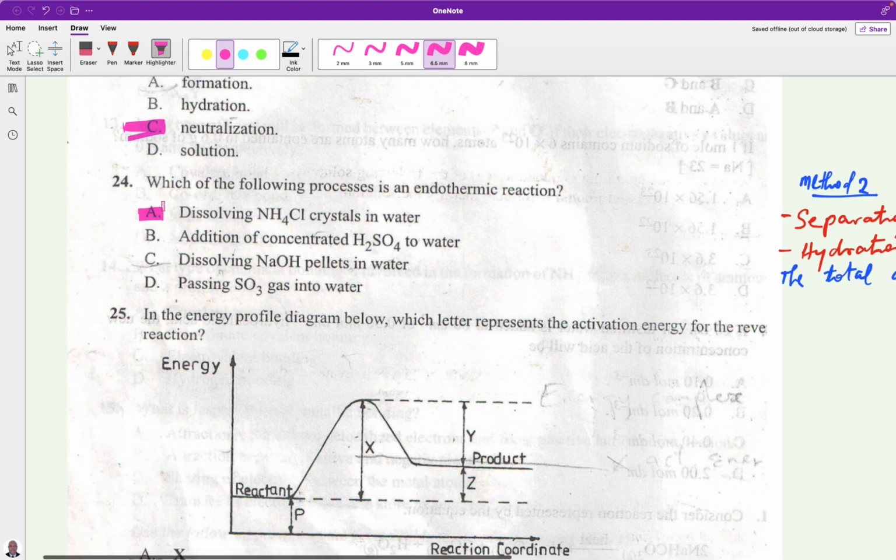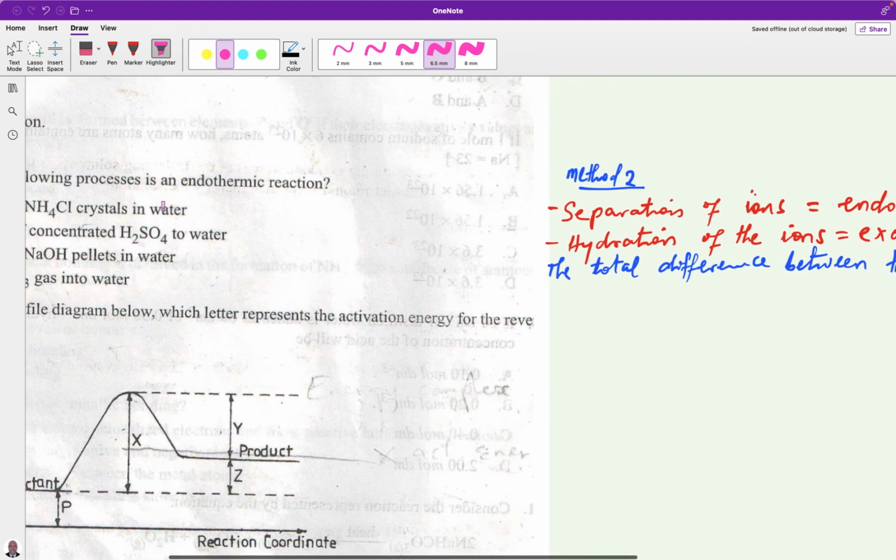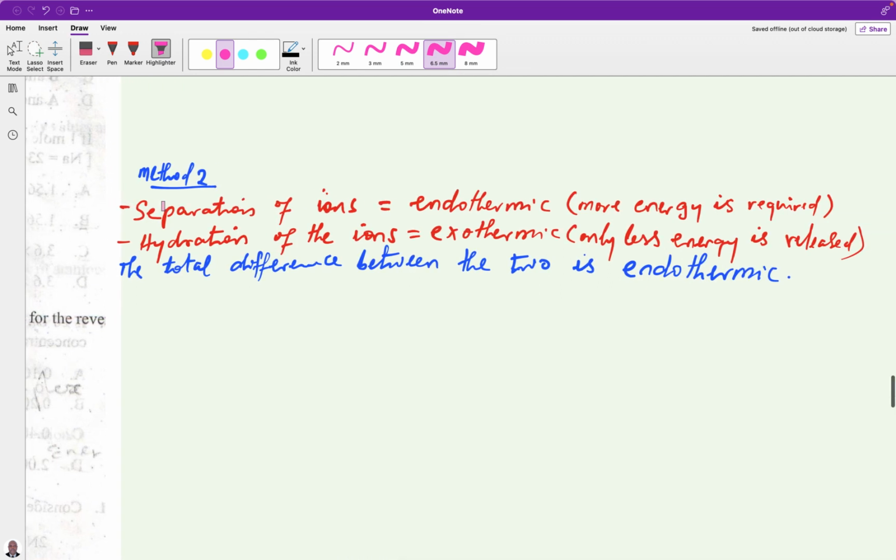Alternatively, if you can't understand this explanation, another method is separation of ions. Separation of ions will require energy; it's an endothermic reaction, and during an endothermic reaction, more energy is required. Then hydration of ions is an exothermic process.